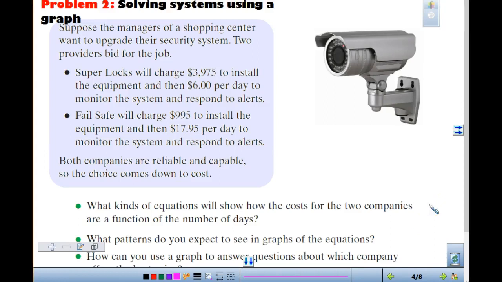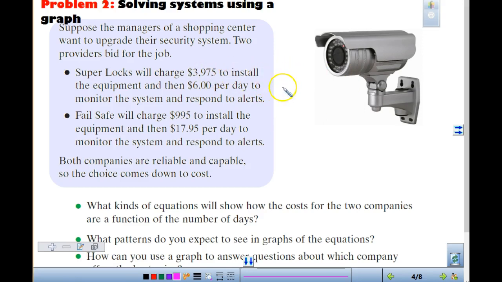On the top of your next page, read, Jack, will you please? Problem 2, solving systems graphically. Suppose the makers of a shopping center want to upgrade their security system. Suppliers bid for the job.